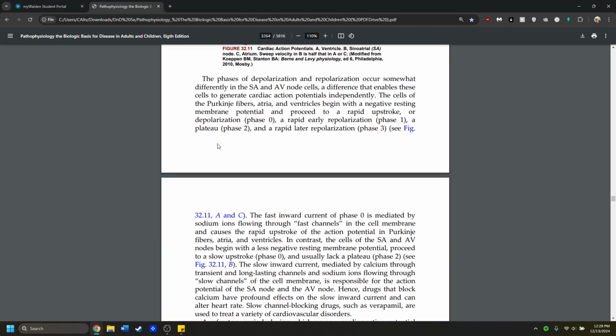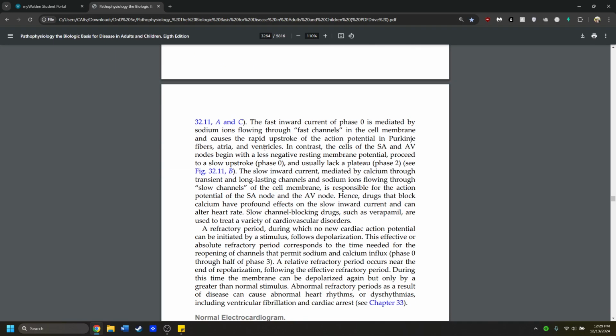The fast inward current of phase 0 is mediated by sodium ions flowing through fast channels in the cell membrane and causes the rapid upstroke of the action potential in Purkinje fibers, atria, and ventricles.